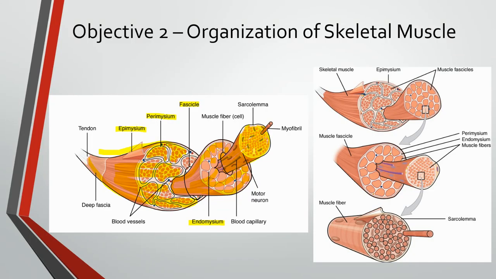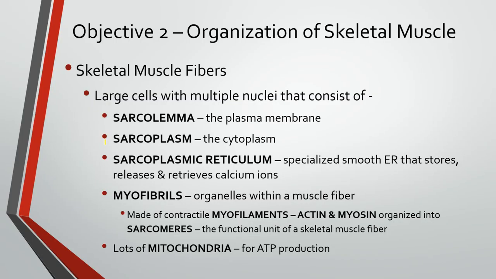So starting from inside out, we have one cell surrounded by the endomysium, several cells joined together to form a fascicle, which is surrounded by the perimysium, and then several fascicles joined together to form the whole muscle, which is surrounded by the epimysium. All of those connective tissues come together to form the tendons that connect the muscle to bones.